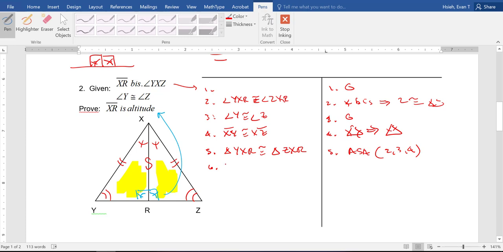Next, I can say that they're supplementary, so angles are congruent first. So angle XRY is congruent to angle XRZ, CPCTC. I can say that those angles are supplementary to each other. Angle XRY is supplementary to angle XRZ, because if you have straight angles, then you have supplementary angles.